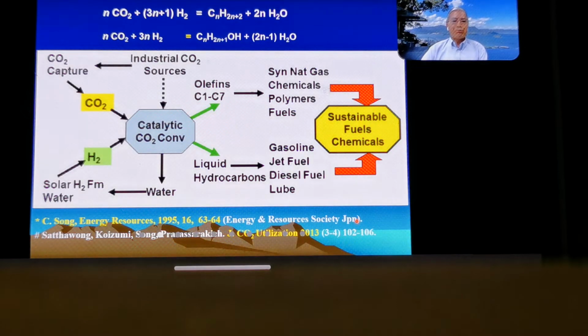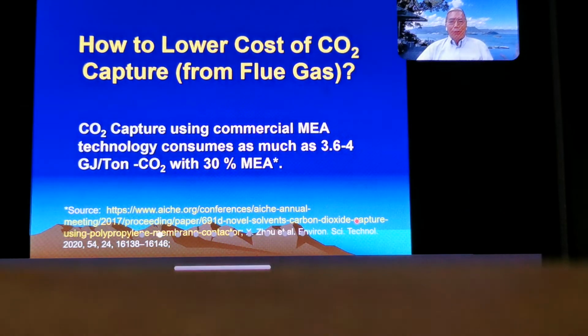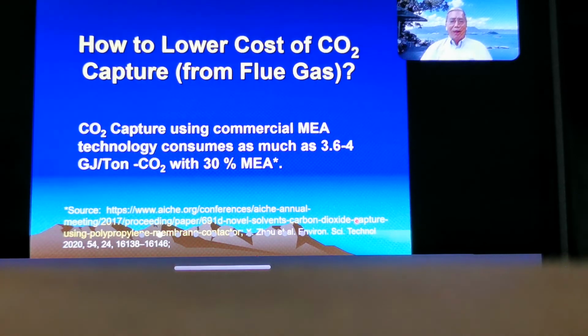decades already. So coming back to developing the system, first of all, how do we capture CO2 more efficiently? Around the time that we were starting to work, CO2 capture was important, especially supported by many governments, the US government for example.